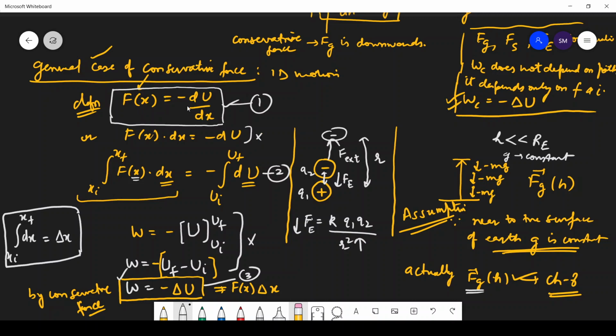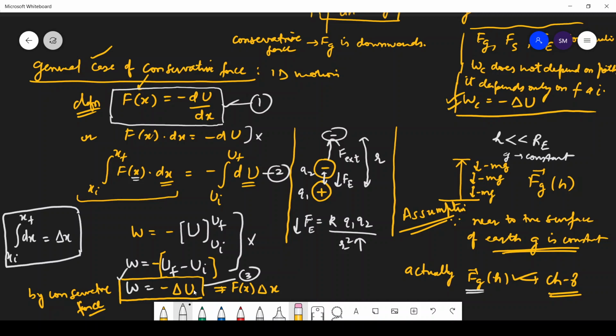And of course I can write it as f of x dx, so means integrating both sides with dx. So dx here and dx, it will be no more, only du. So this step, and then this step, and then directly this step. So these three steps are highly important for you in physics.